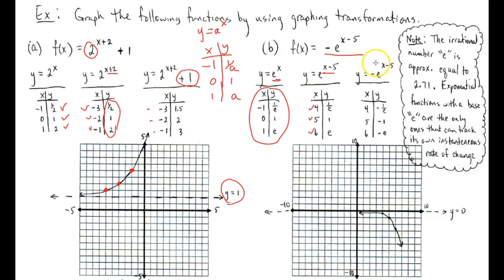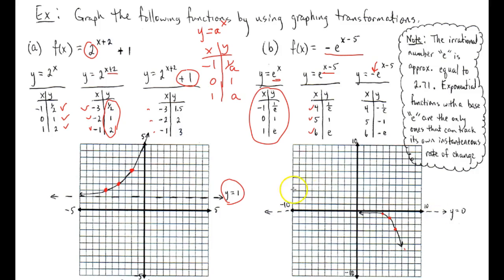Then the negative on the outside tells us that we have a reflection about the x-axis, which means all of our y values, since they're all positive, will now turn negative. That's why our graph is going down like this. This would be the point (4, -1/e), this is the point (5, -1), and this is the point (6, -e).